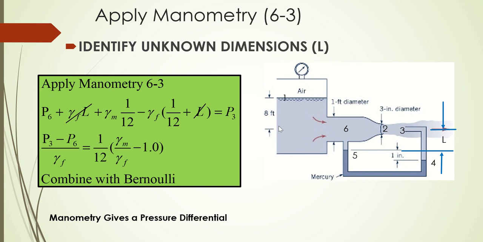So the pressure difference between point 3 and point 6 divided by gamma of the fluid is 1 over 12 times the ratio of the specific weight of the manometer divided by the specific weight of the fluid, minus 1. So now the next step in my logical process is I need to combine this result with my Bernoulli equation, now that I have a pressure differential in terms of my primary variables.